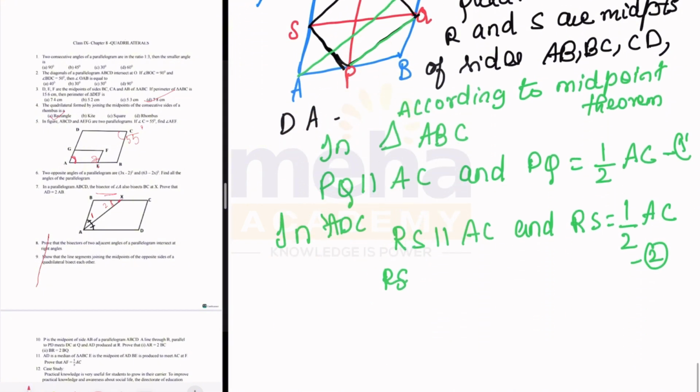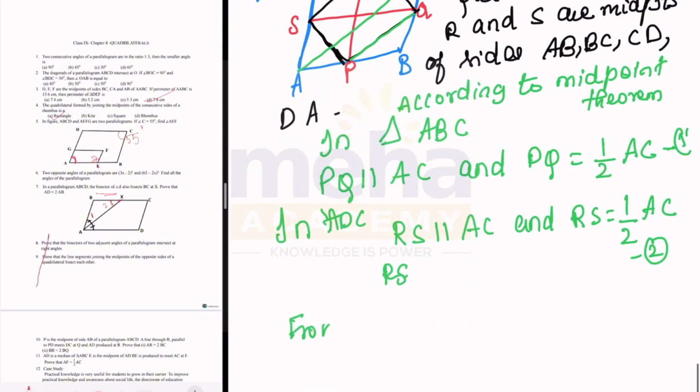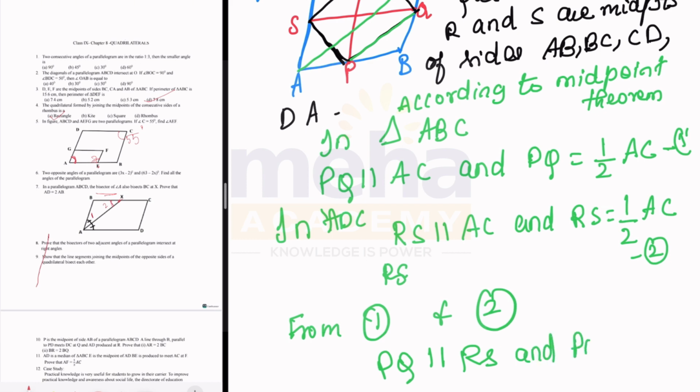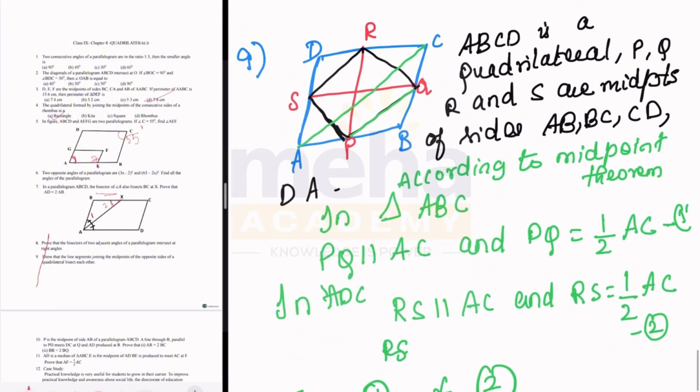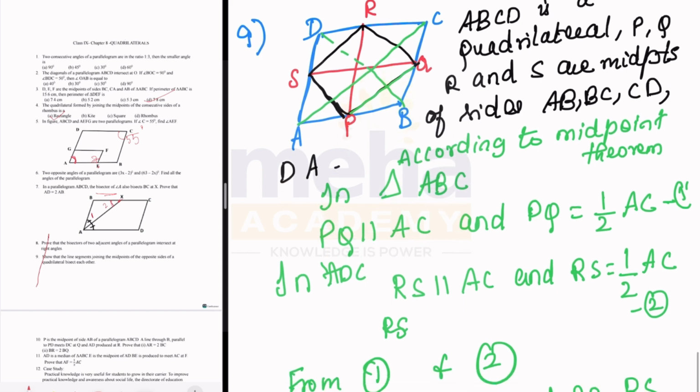So from 1 and 2, we know that PQ is parallel to RS and PQ is equal to RS. Similarly, if you take the diagonal DB, if we connect the diagonal DB, we apply the midpoint theorem.